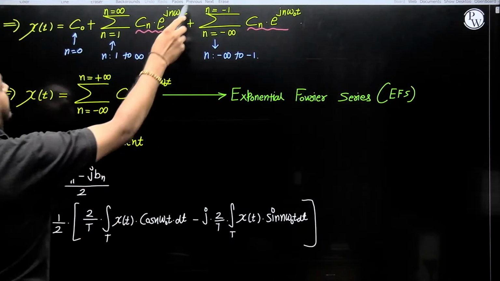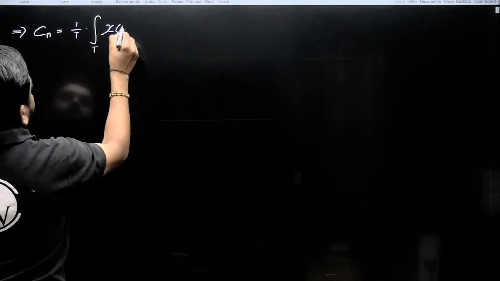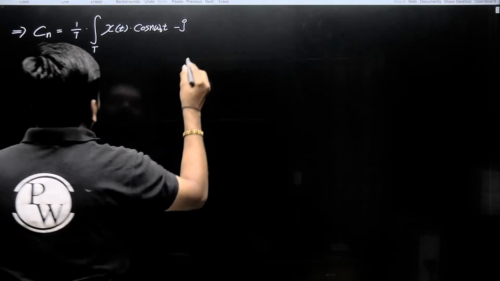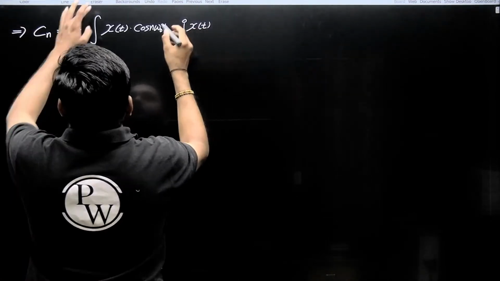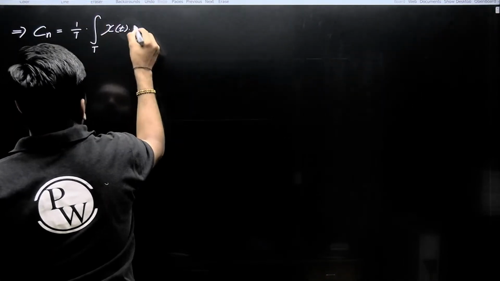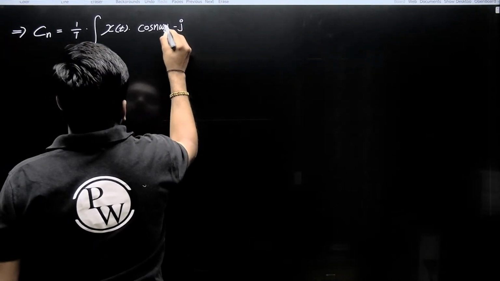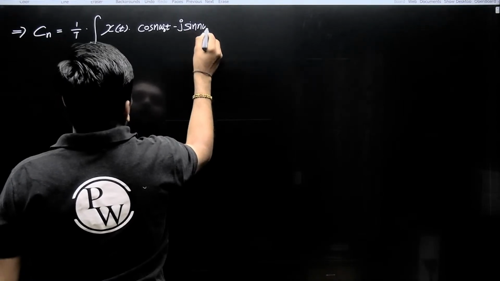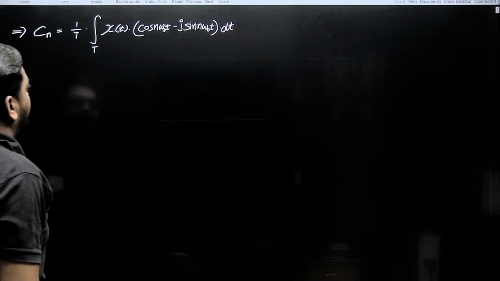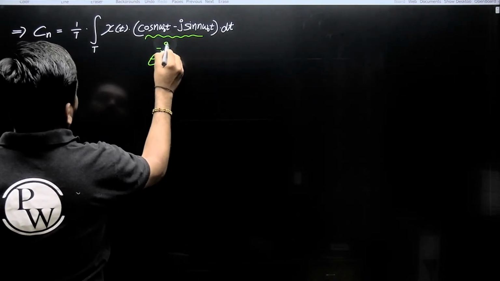So 1 by capital T, the integration over a fundamental time period of x of t, cos n omega 0 t minus j sin n omega 0 t, dt. Correct. Now what is this, guys? It is e to the power minus j n omega 0 t.